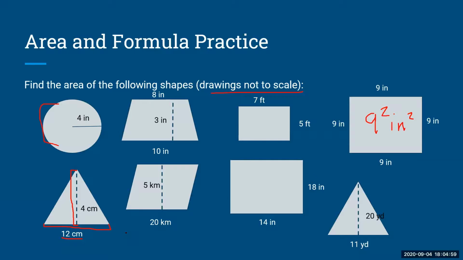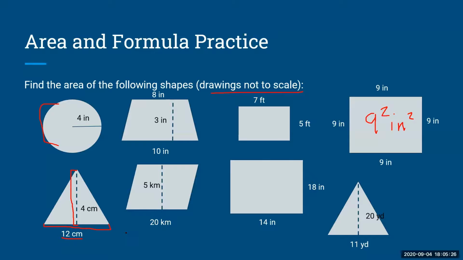If you knew the area but not the height, and you knew the base, then you could solve for the height. But since you don't know the area, you don't know the height, you can't do it. Wait, if both of the slanted sides are equal and you know the bottom one, is it possible to figure it out?